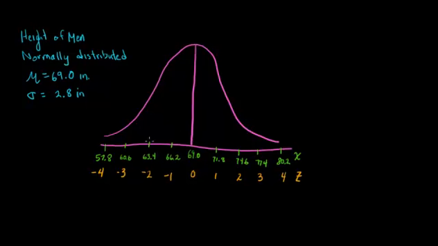But not every height that we might be interested in is going to hit exactly on one of these z-scores. So what we were looking at previously was two different people. We had LeBron James at 80 inches and Danny DeVito at 60 inches. And so what we did before was we said, well, at 80 inches, LeBron is just below 4 standard deviations above the mean. So here's LeBron right here.